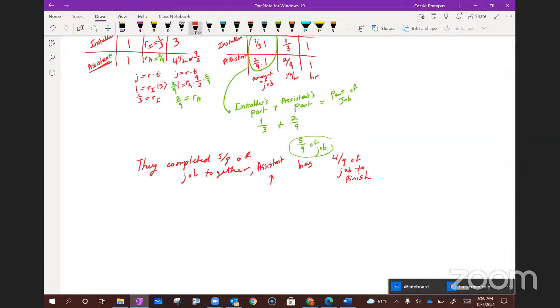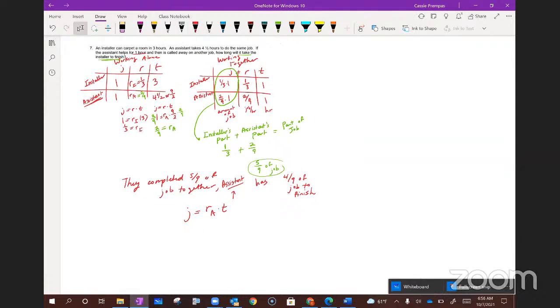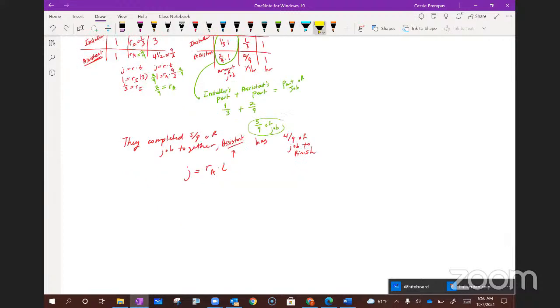Well, how can I determine how much time it will take him to finish? Well, I know that the job will equal, if I'm working with the assistant, the rate of the assistant times his time worked. What pieces do I know? I know the amount of the job he needs to finish. He doesn't have to finish a whole job. He has to finish 4/9 of the job.